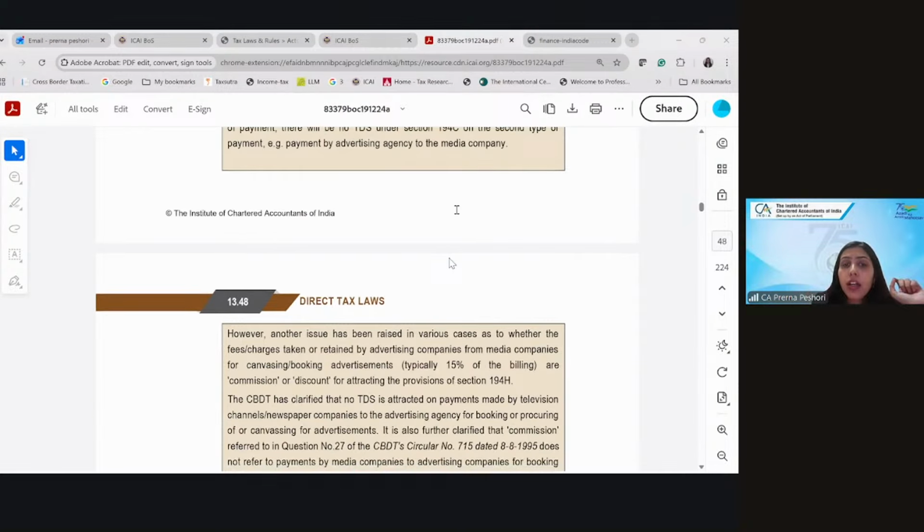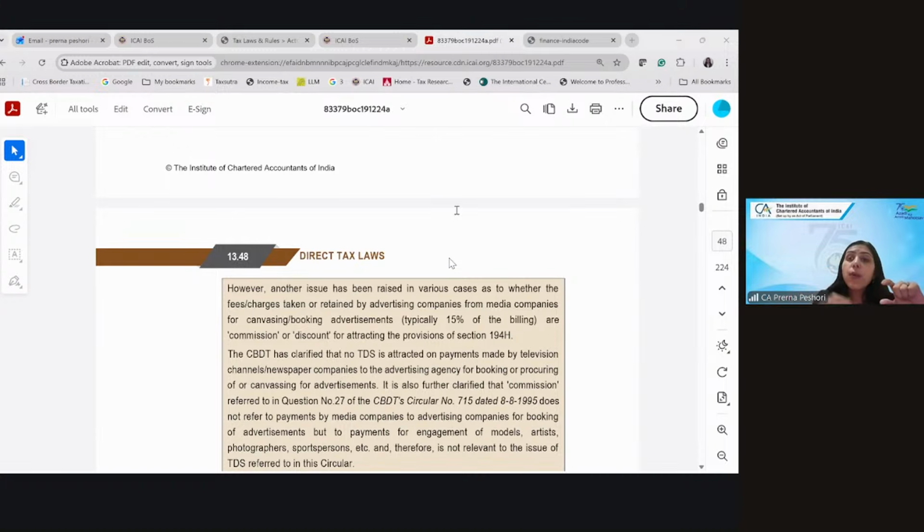However, whether the advertising company which retains some portion before making the final payment to the Doordarshan for canvassing or booking the advertisement, whether it is in the nature of commission, which will attract the TDS under 194H.